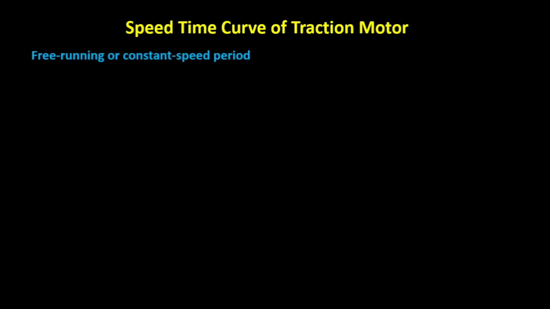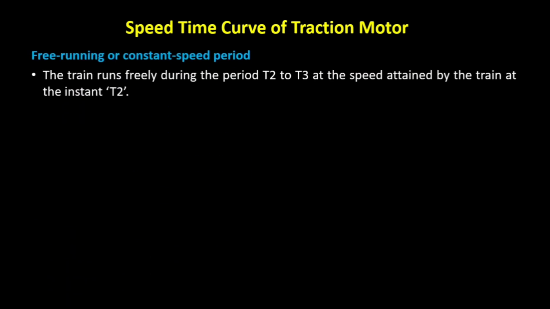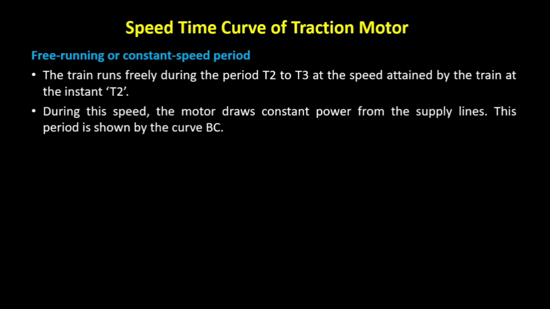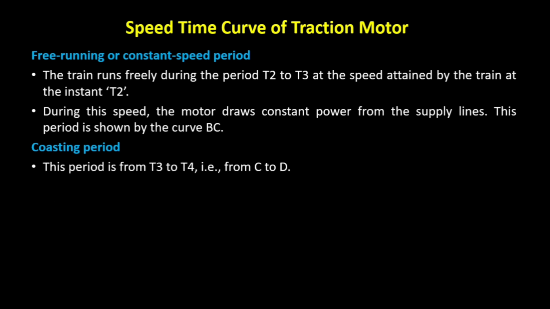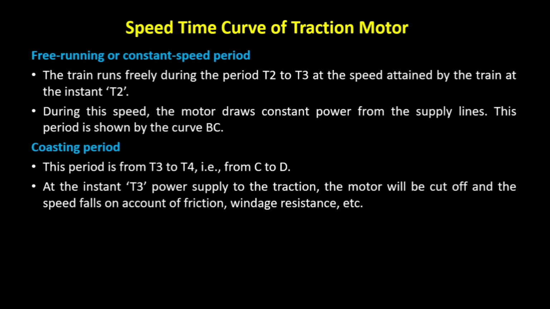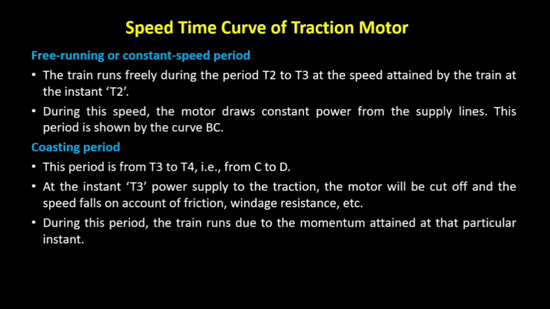Now you have the free running or constant speed period. As I've explained, here it is taking supply from the utility lines and freely running from point B to C, for the instant T2 to T3. Then the coasting period, from T3 to T4 and from point C to D. Here we cut out the supply and the speed will decrease.